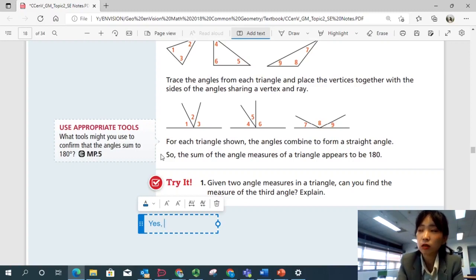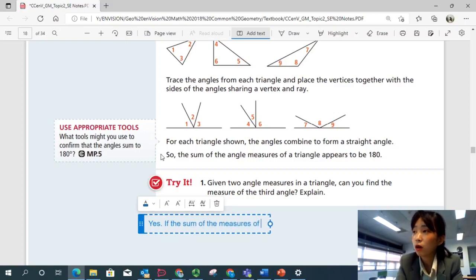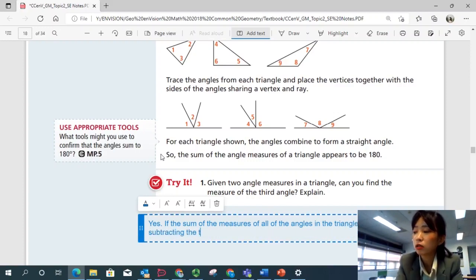So yes, if the sum of the measures of all of the angles in the triangle is 180 degrees, subtracting the 2 known angles from 180 degrees gives the measure of the third angle.